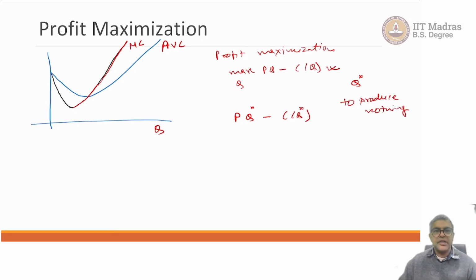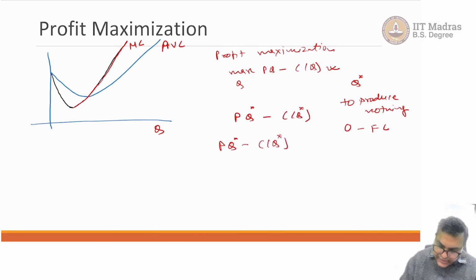and when you produce nothing, how much is going to be your total revenue? 0. You are producing nothing. How much is your cost? Just the fixed cost. So, this entity should be greater than or equal to minus the fixed cost. So, we can write PQ star minus fixed cost minus variable cost to produce Q star should be greater than just minus the fixed cost.